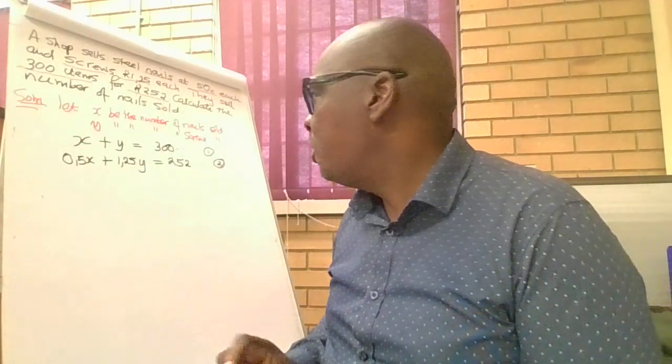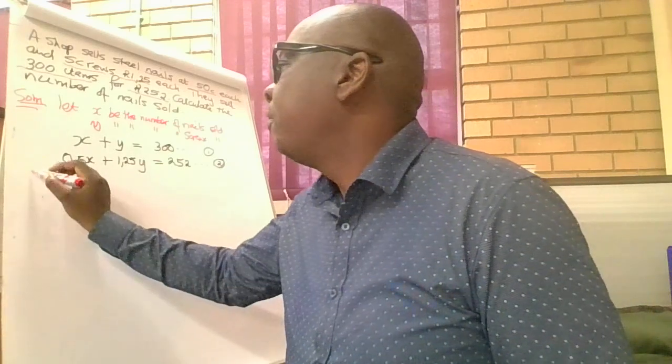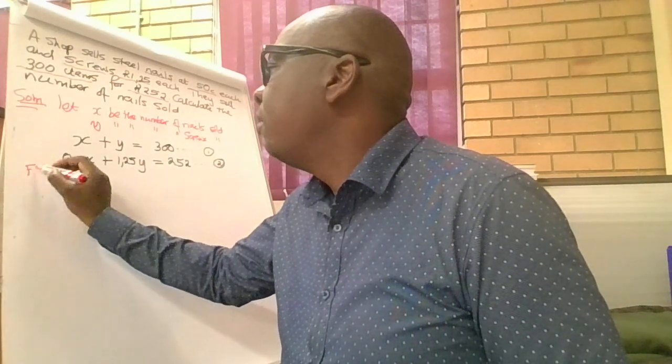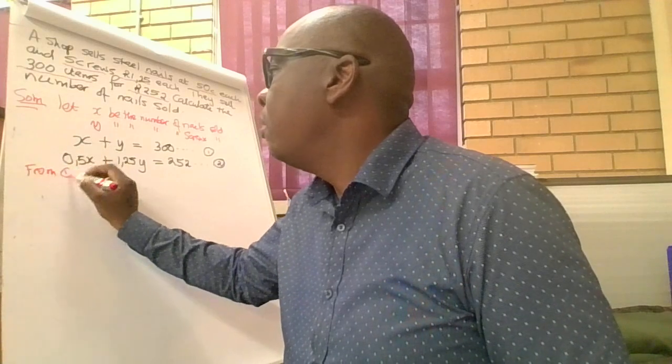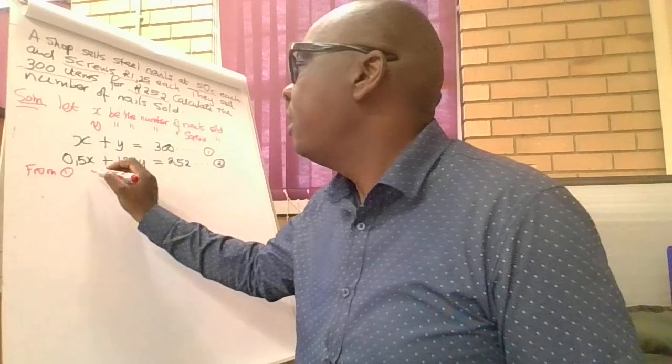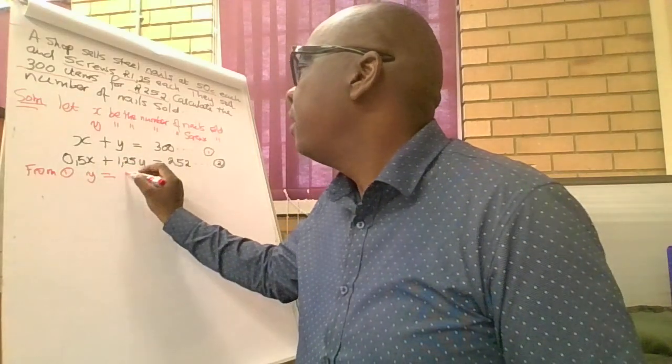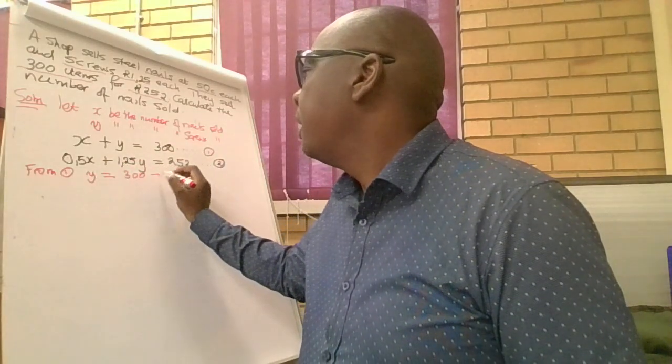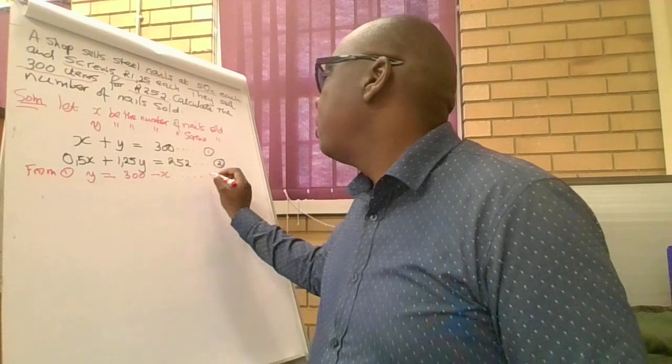So from equation one, if I make y the subject of the formula, y is given by 300 minus x, and let's call this equation number 3.